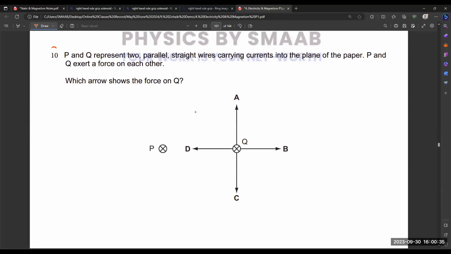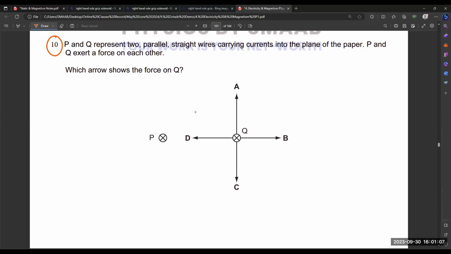And question number 10. P and Q represent two parallel straight wires carrying currents into the plane of the paper. P and Q exert a force on each other. Which arrow shows the force on Q? So basically, in this situation, P and Q represent two parallel straight wires, the same thing that we were talking about.